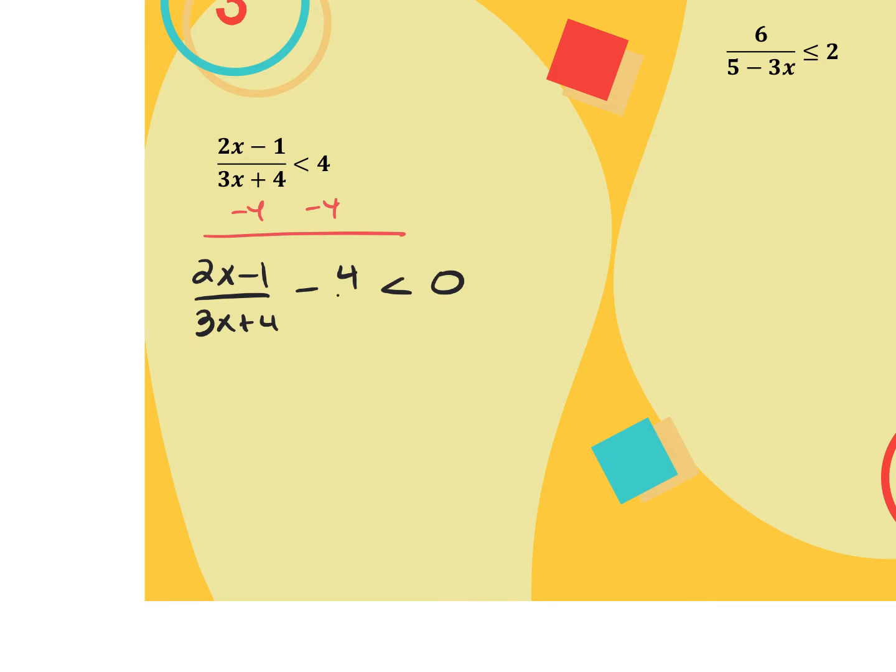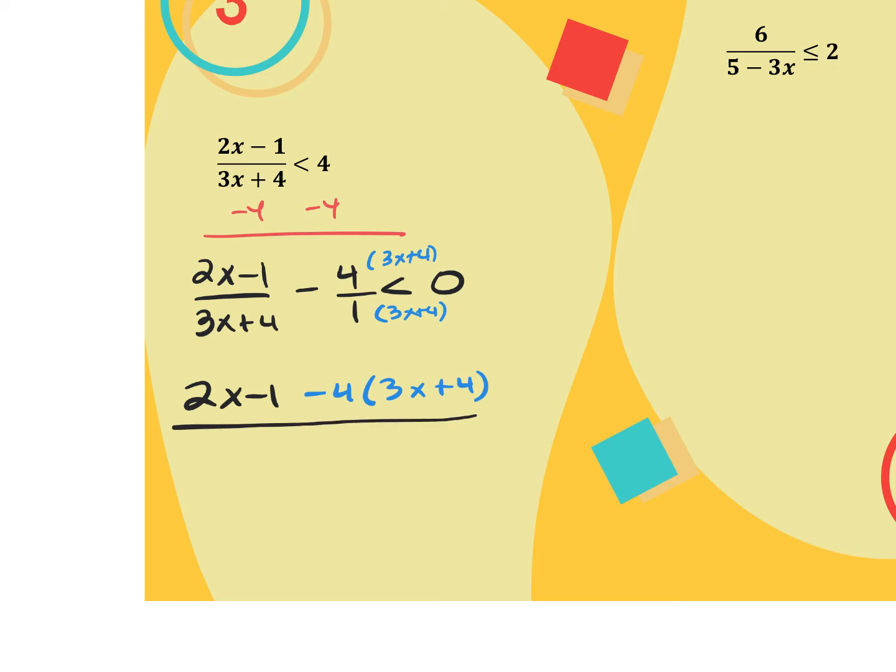Again, if you want to put a 1 here, my common denominator is the 3x plus 4. I'm going to multiply that to both the numerator and the denominator. So now for my numerator, the 2x minus 1 is there, but then now I need to distribute a -4 to the 3x plus 4. The denominator stays the same.